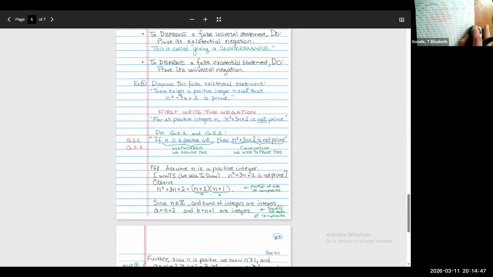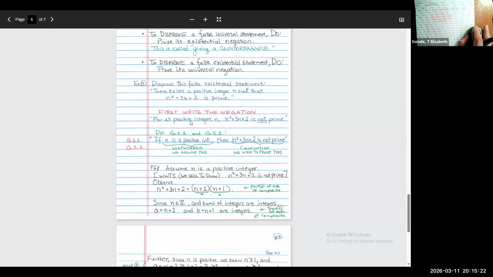So instead of there exists a positive integer n, in the negation, what happens to there exists? That turns into a for all. That's right. For all positive integers n, and instead of n squared plus 3n plus 2 is prime, the negation of that is that n squared plus 3n plus 2 is not prime.